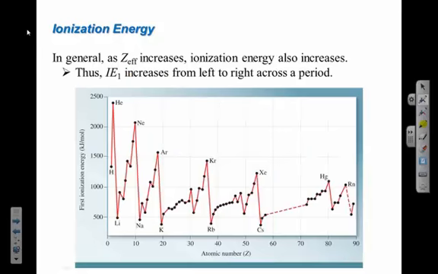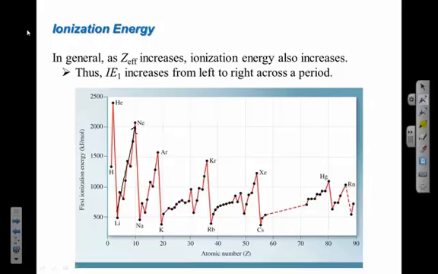So there are some other factors that explain some of these trends. So we're going to look at one other factor, and that is whether or not you have an exactly full or exactly half-filled subshell. And that explains some of these areas here. So just to point out, first of all, on this graph, going from lithium to neon is an increase, right?